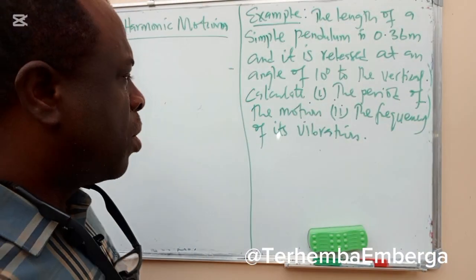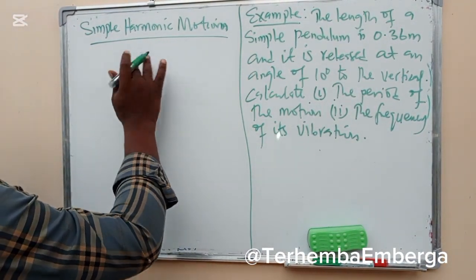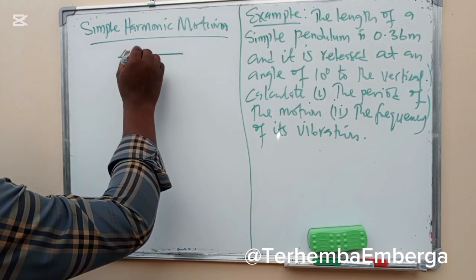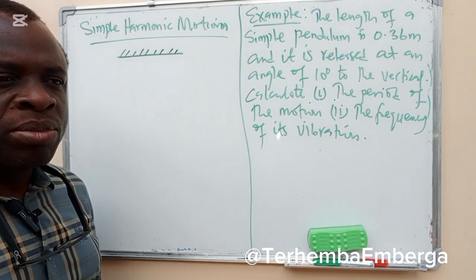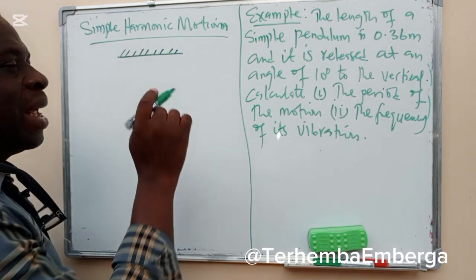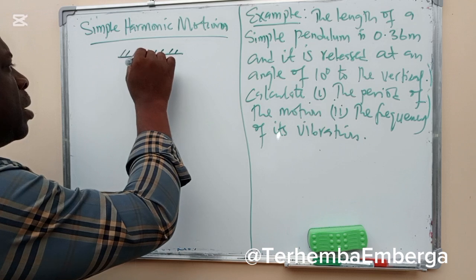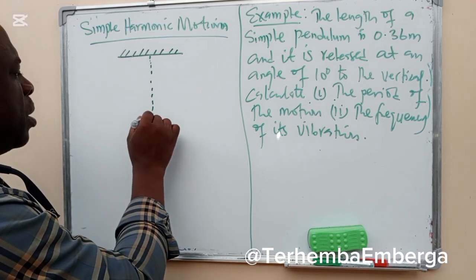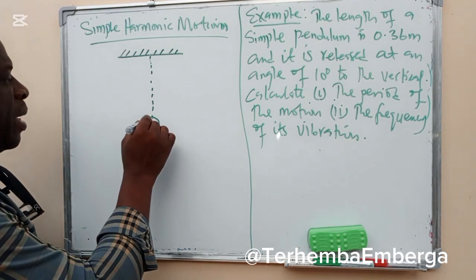And when you come to look at it, let's pick one of these. This is a swinging pendulum where an inextensible string is involved. Assuming this is the string, you have the mass here.